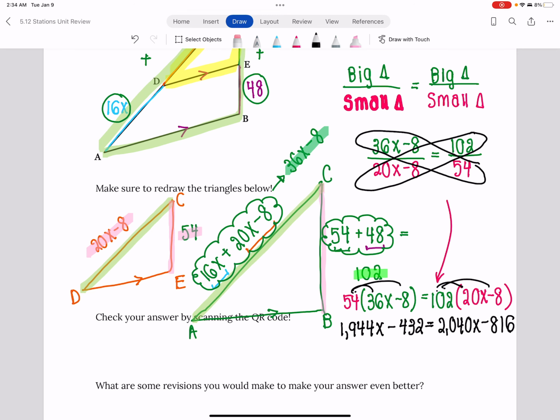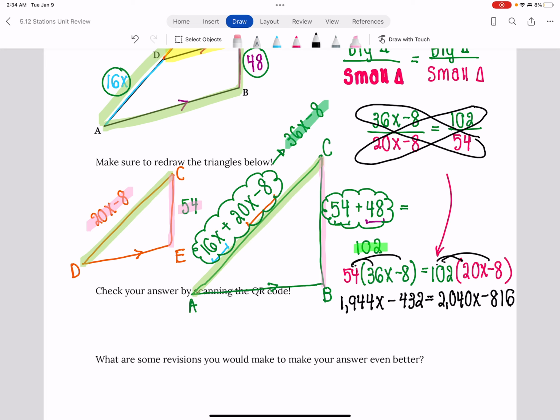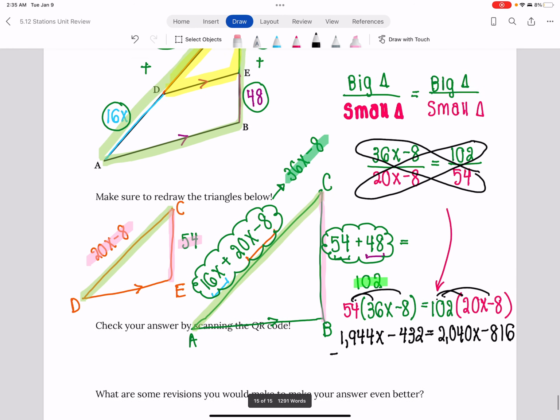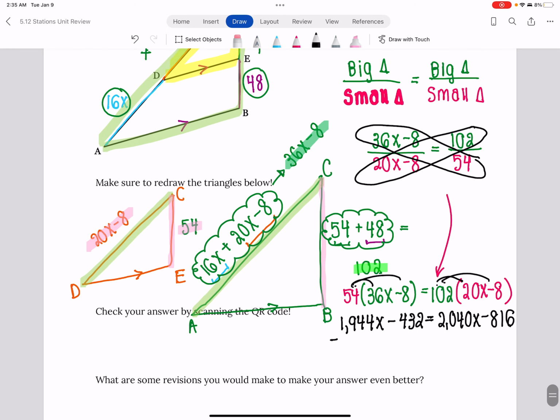I'm just going to combine some like terms here by bringing all of our x terms together and all of our numbers together on the other side. So what I like to do is actually keep my x term positive by subtracting 1,944x on both sides.